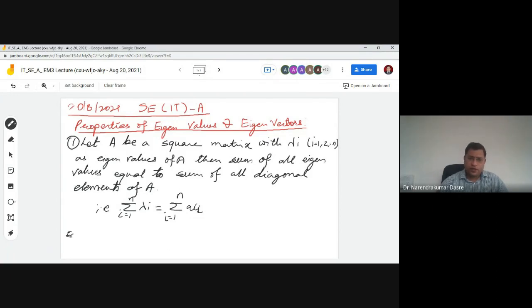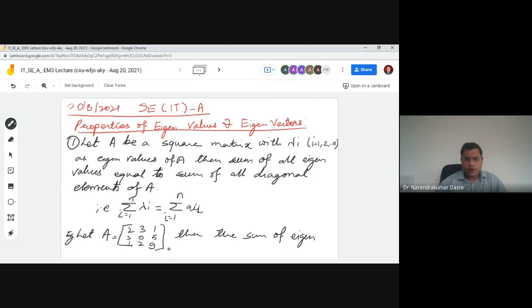For example, let A be the matrix with rows 2 3 1, 3 0 5, 1 0 9. Suppose this is the matrix. Then what is the sum of the eigenvalues of A?